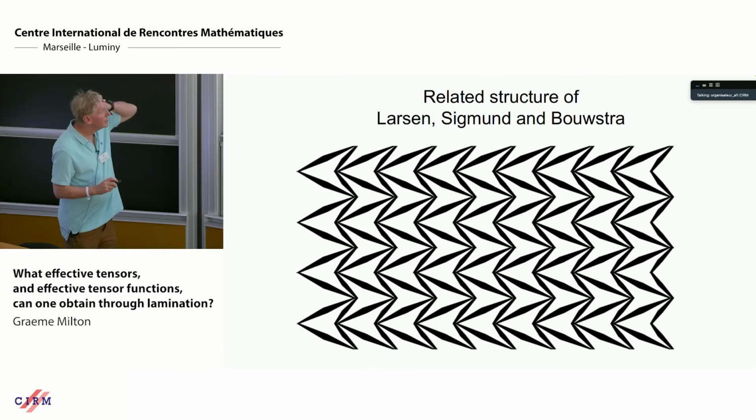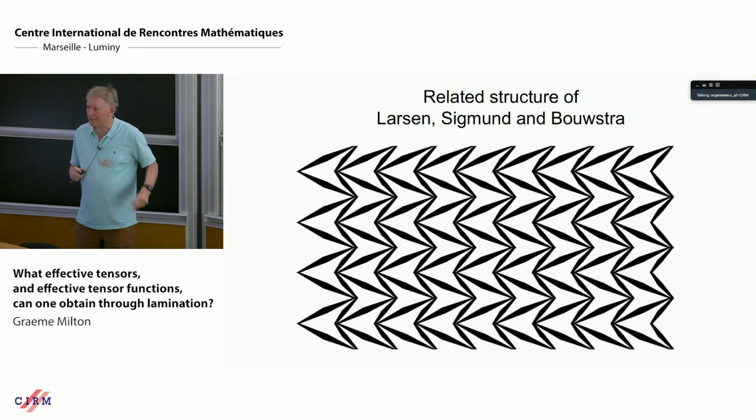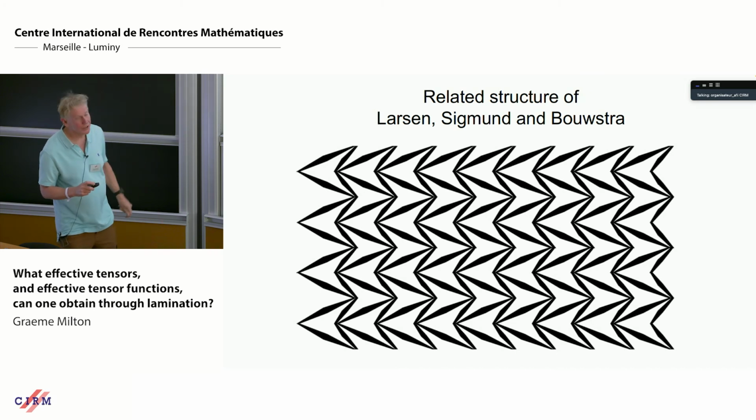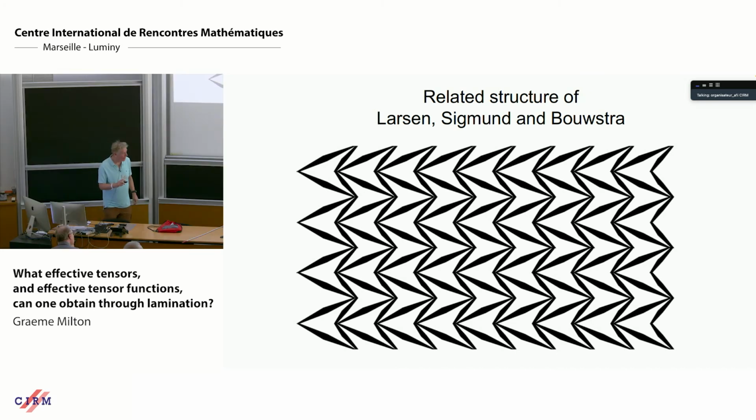And so later, Larsen, Sigmund, and Boystra did topology optimization without relying on that structure, and they got something very similar again, with these chevron type elements that had negative Poisson's ratio, and then they also did experiments with that.